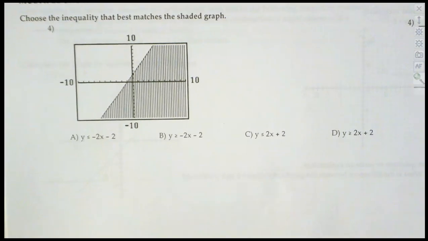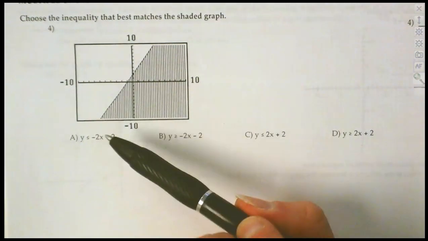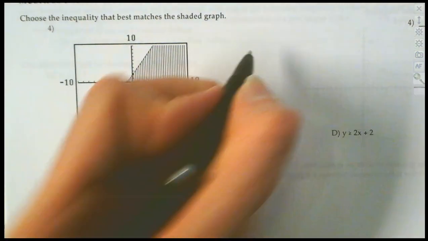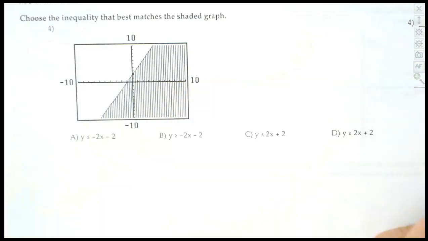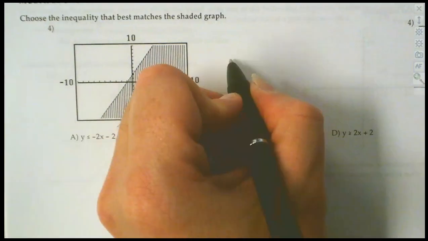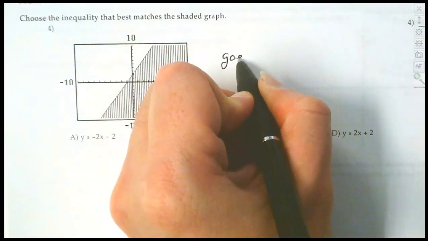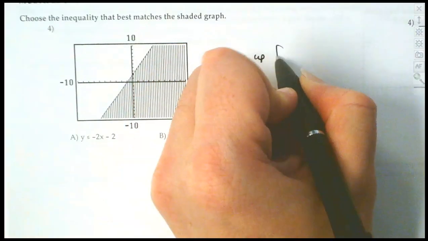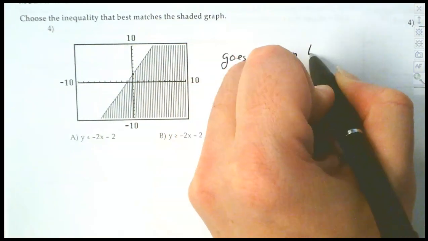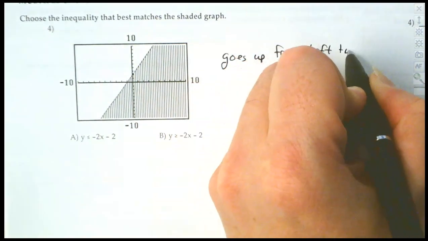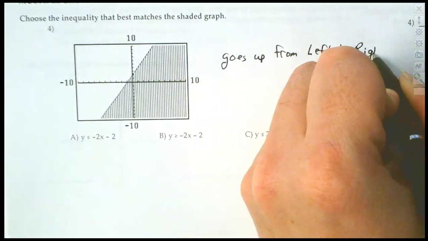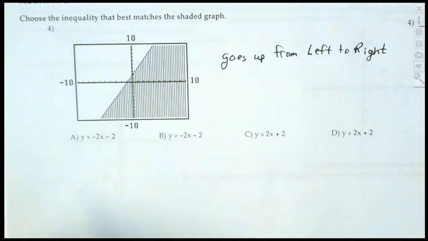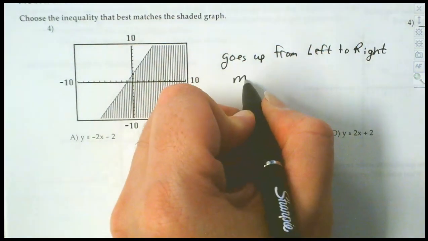So when we look at this line, what is it doing? It's going up. So if it's going up, it has to have a positive slope. So it goes up from left to right. And if it goes up from left to right, that means your slope, m, is positive.